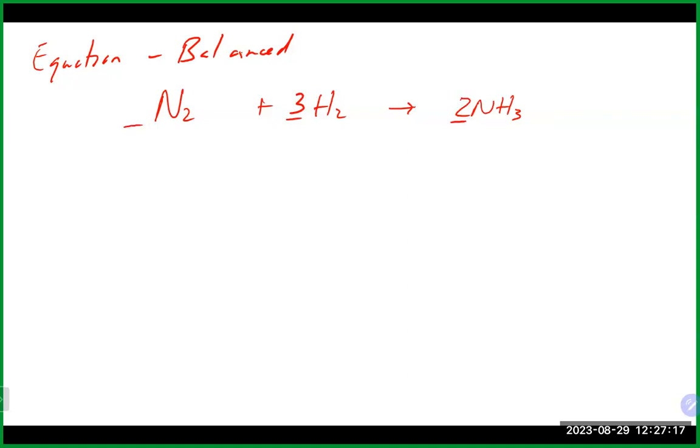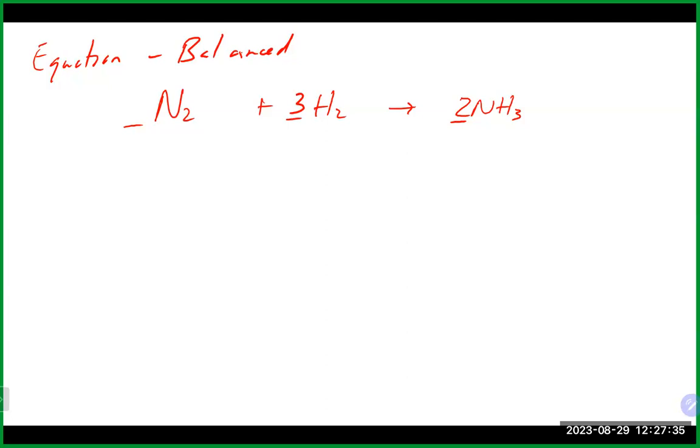Sometimes when you balance an equation, you might have to use a fraction. And should you leave the fraction when you balance the equation? You should not. When you're done balancing an equation, all the coefficients should be whole numbers, and they should be the simplest set of whole numbers that you could have.